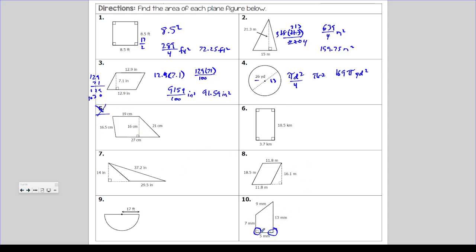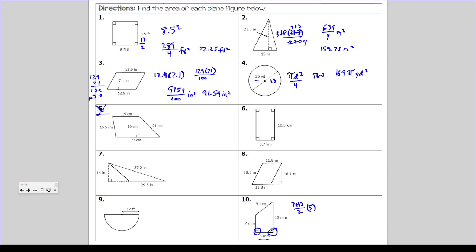Number 10 is nice because we know the bases are parallel because of these two right angles. So here we can use our trapezoid formula and say that it's the average of the bases, which should be 10, times the height, which is given as 5. So remember here that the height is the distance between the bases, not necessarily vertical on the page.